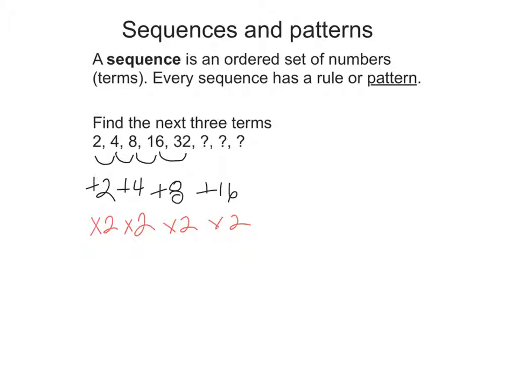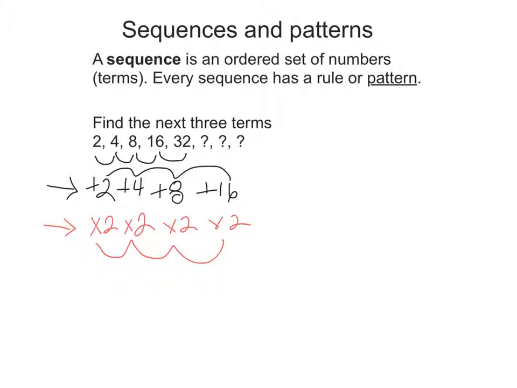So if I just look at my pattern from my addition table, I can see the difference between each of these set of numbers. 2, 4, 8, 16. These are each going up by a multiple of 2. However, if I just look at my bottom pattern down here, it's pretty consistent. Each time I'm multiplying by 2.